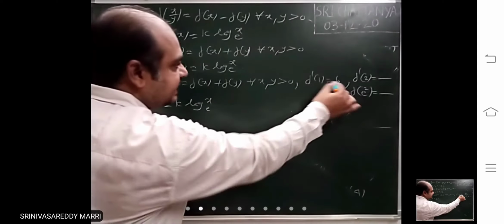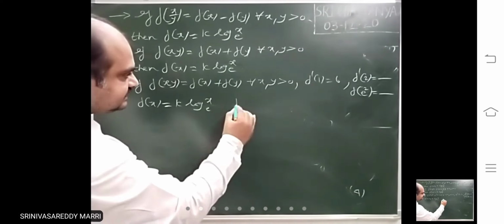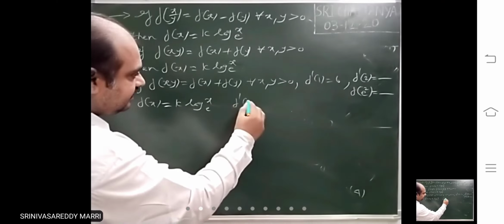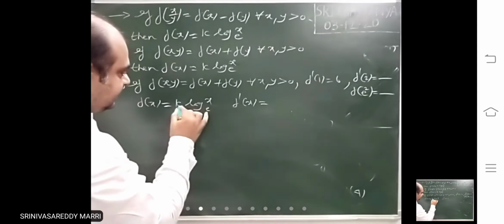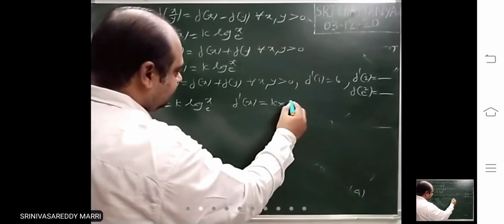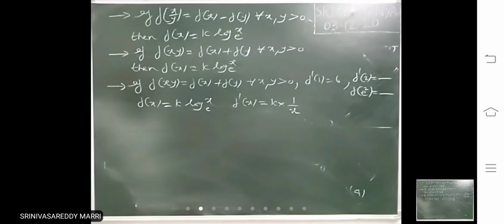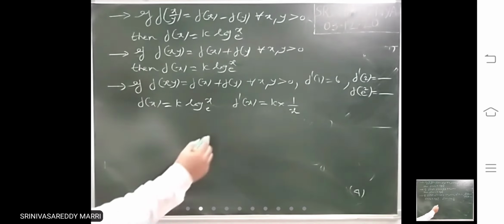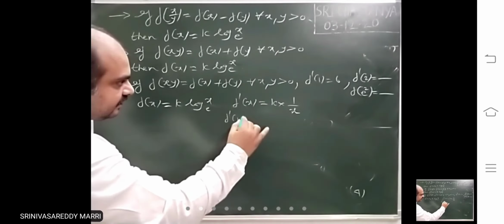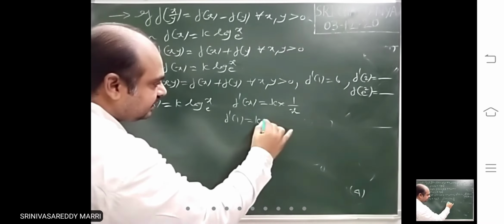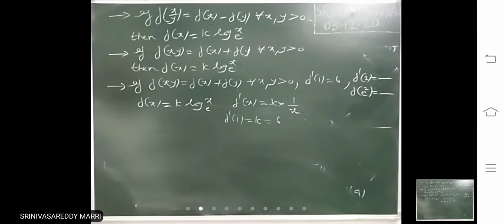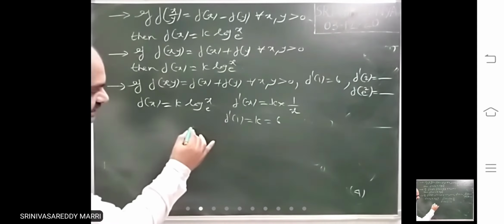Now use this condition: f dash 1 is given as 6, so you have to find k. f dash x is k into the derivative of log x, which is 1 by x. Now substitute 1: k by 1 is k. That means k is 6.